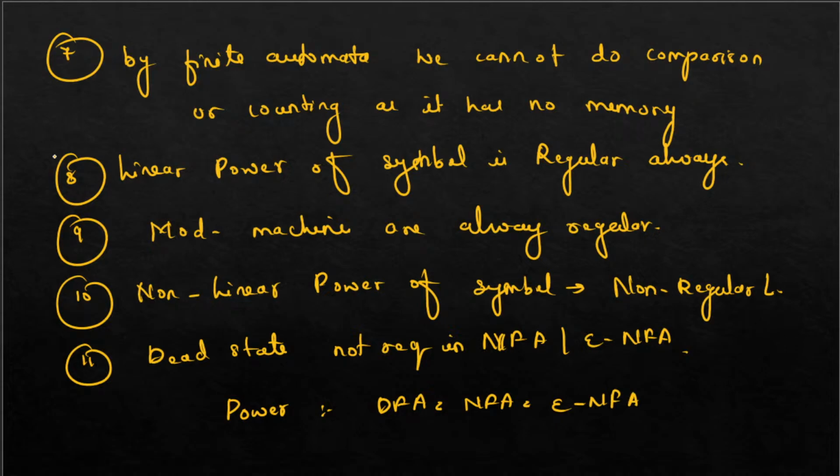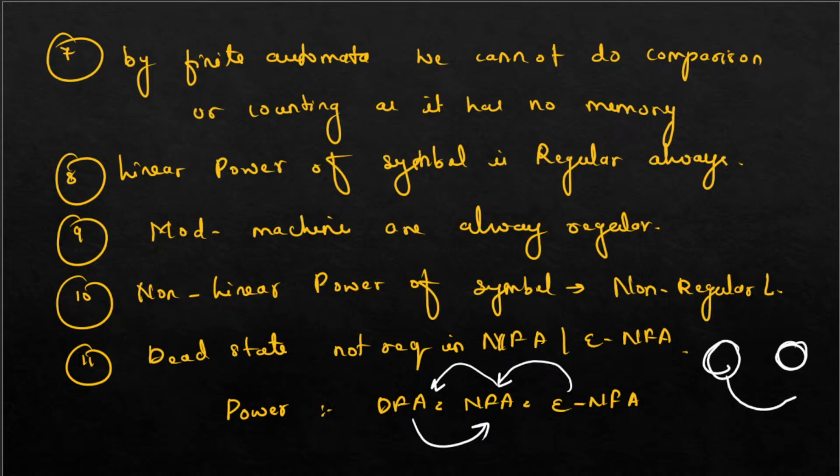Okay. So we are converting epsilon NFA to NFA and we are converting NFA to DFA. Now if you ask why we cannot convert DFA to NFA: if you are good, and after that you become best, will you turn again to good? So this is good, this is best. You have turned from good to best. Are you again going to do the reverse, best to good? Will you degrade yourself?